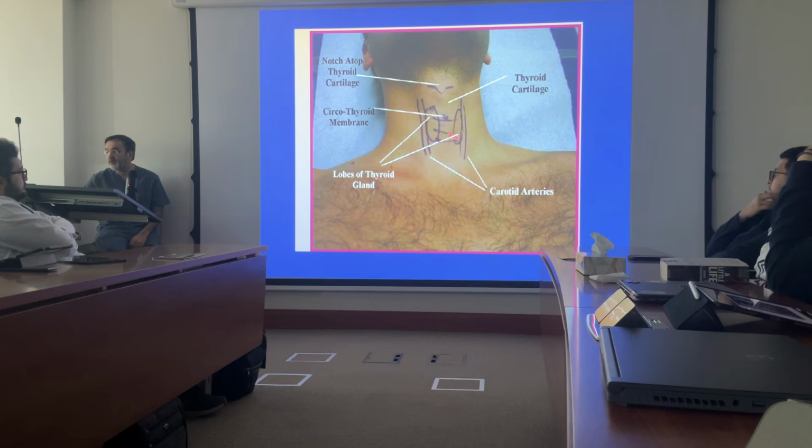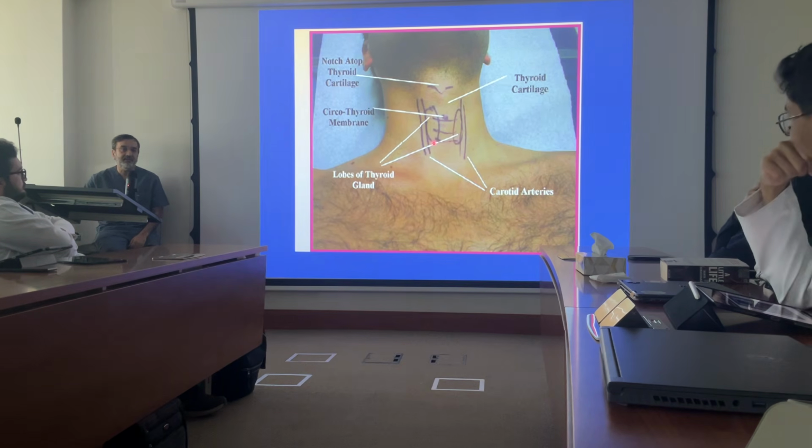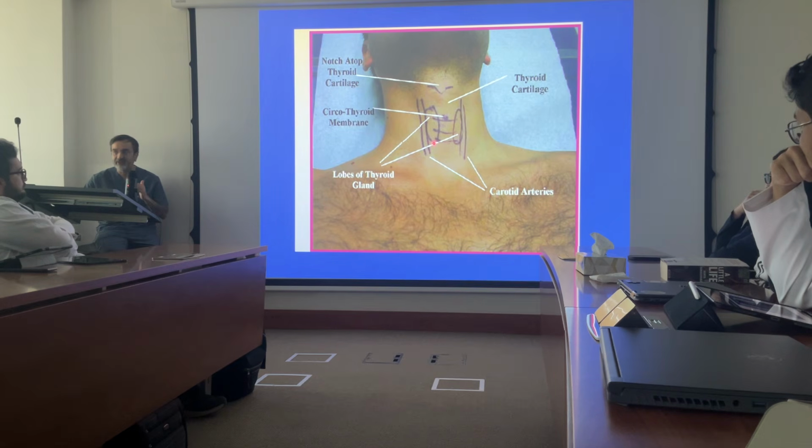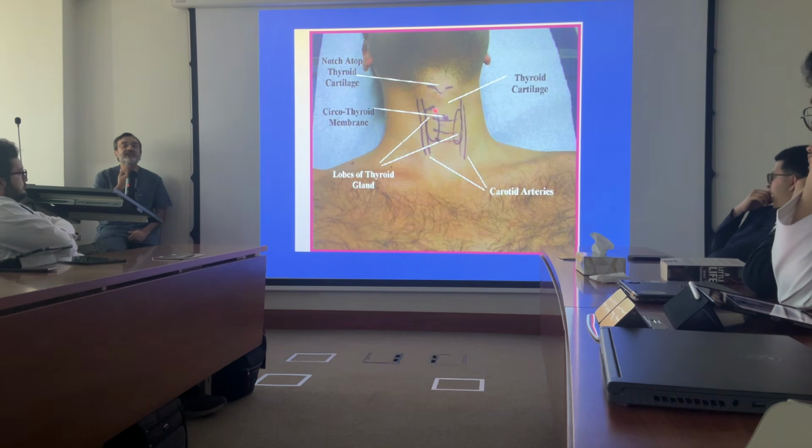And if you count the tracheal rings, the lowermost pole of the thyroid gland is around the 6th tracheal ring. If you start to count the tracheal rings from the cricoid cartilage, it is going to be the 6th tracheal ring where you would find the lower pole. So the upper pole is somewhere in the mid of the thyroid cartilage, and the lower pole is at the level of the 6th tracheal ring. And the sides are margined by the carotid arteries.